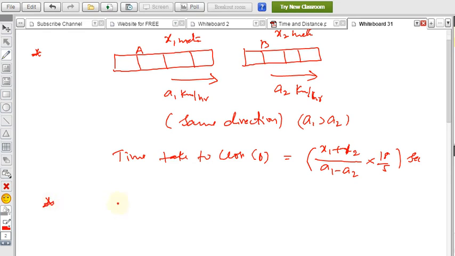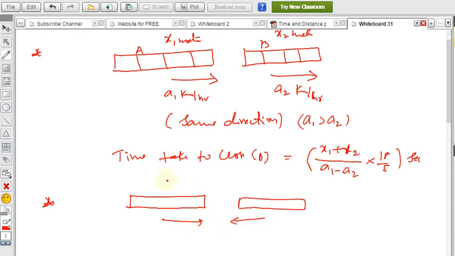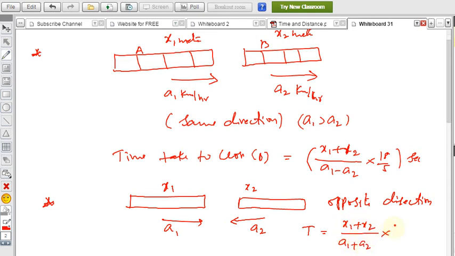One more is the opposite direction. For example, train A is coming this way and train B in this direction. The lengths are x1 and x2, the speeds are a1 and a2, in opposite directions. So in the opposite direction, the time taken to cross is x1 plus x2 by a1 plus a2, into 18 by 5 seconds, because a1 and a2 are in kilometers per hour.